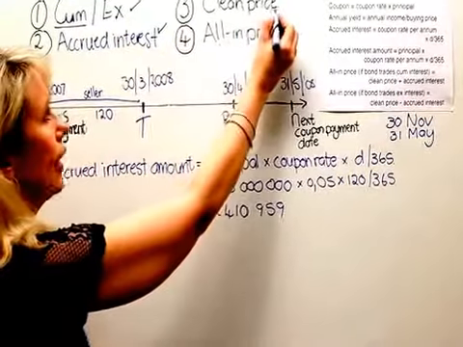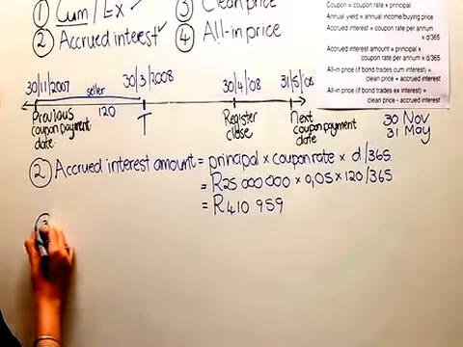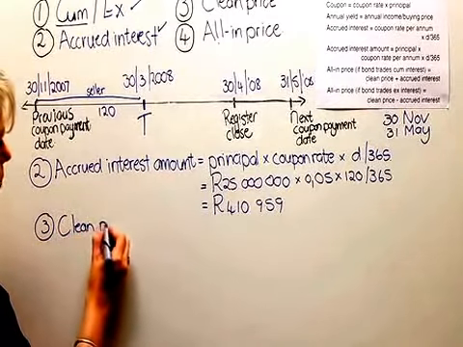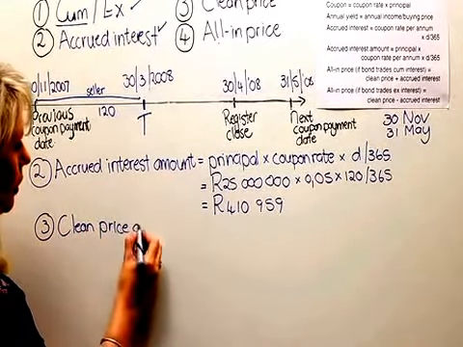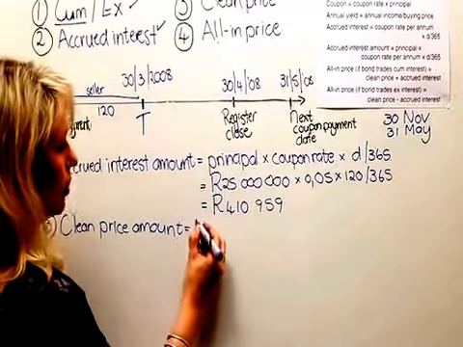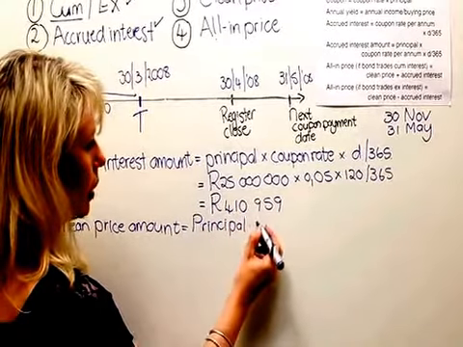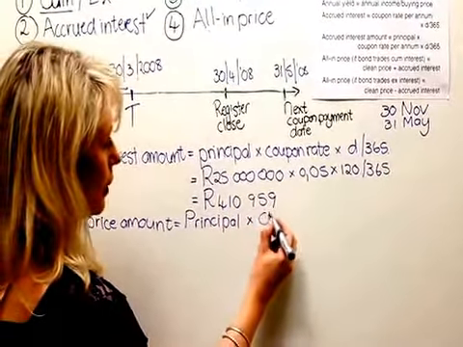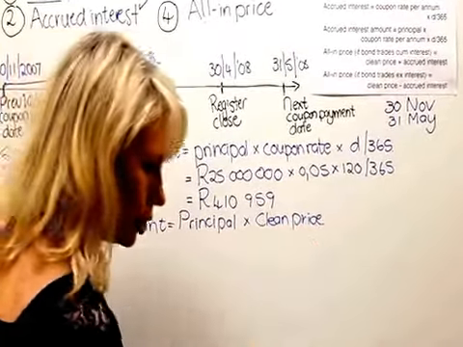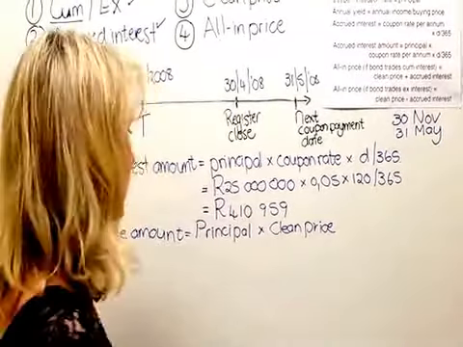So we've completed step 1 and step 2. Now we have to calculate the clean price amount. To calculate the clean price amount, you have to multiply the principal by the clean price, which is provided in the question, and it is 98.5 Rand per cent.